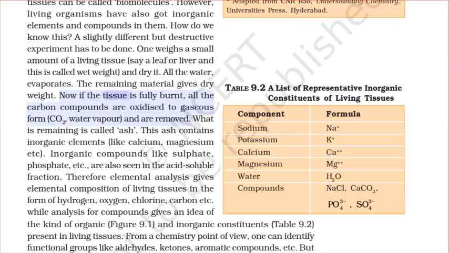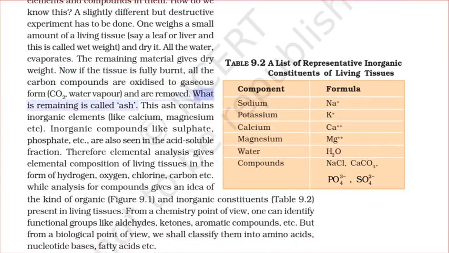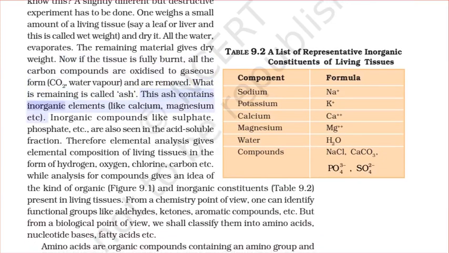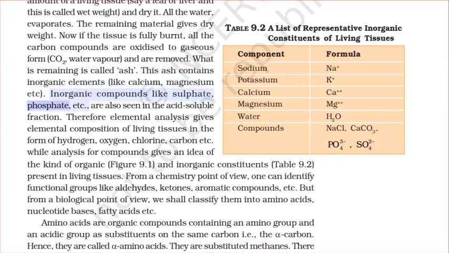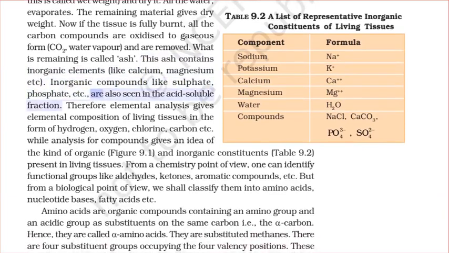Now, if the tissue is fully burnt, all the carbon compounds are oxidized to gaseous form, CO2, water vapor, and are removed. What is remaining is called ash. This ash contains inorganic elements like calcium, magnesium, etc. Inorganic compounds like sulfate, phosphate, etc. are also seen in the acid-soluble fraction.